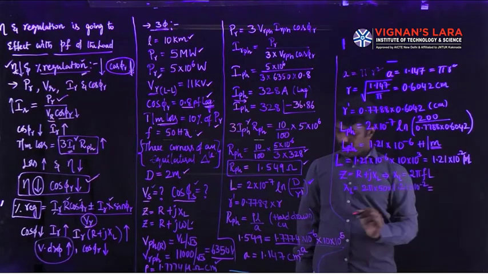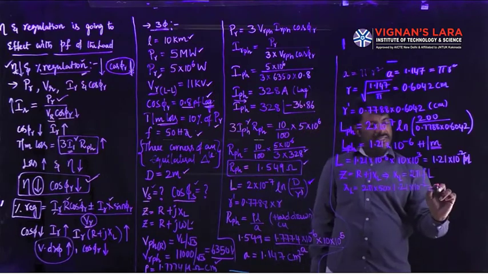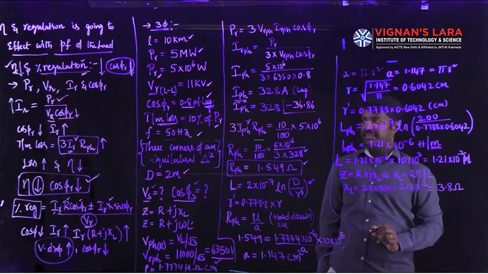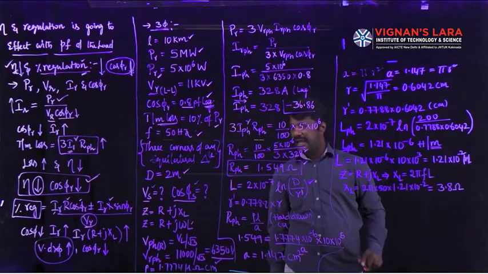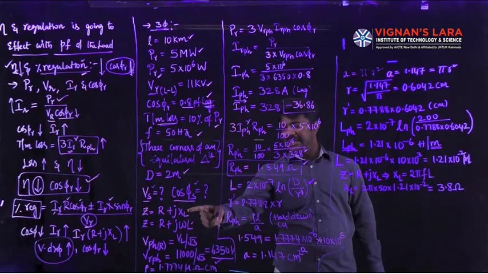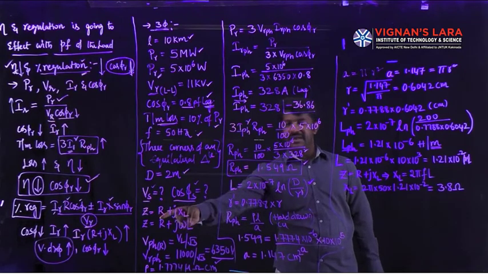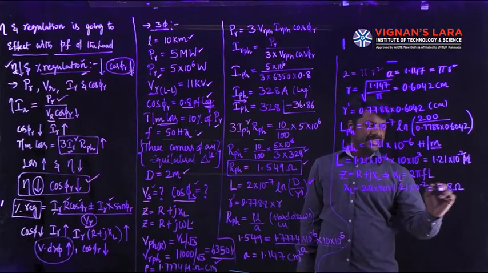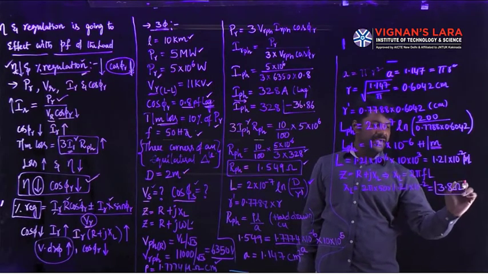Simplifying it, we get the XL value as 3.8 ohms. Finally, the transmission line constants are obtained: resistance value is 1.549 and inductive reactance XL value is 3.8 ohms.